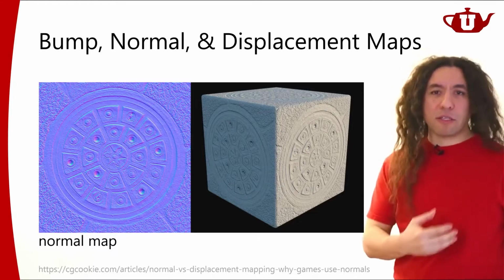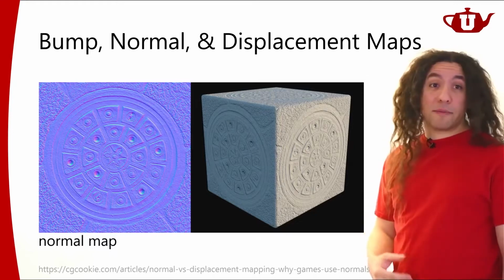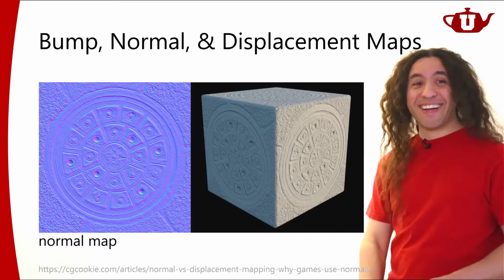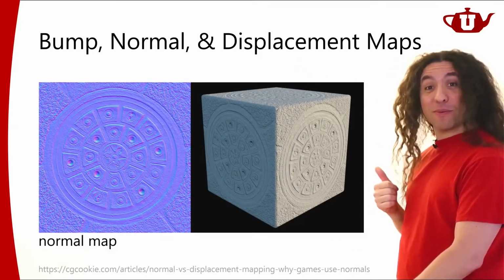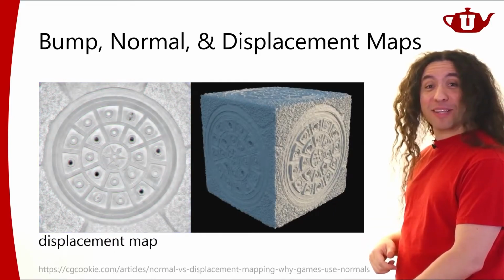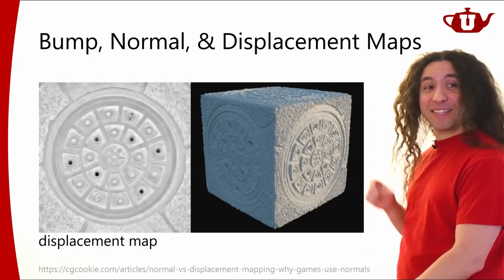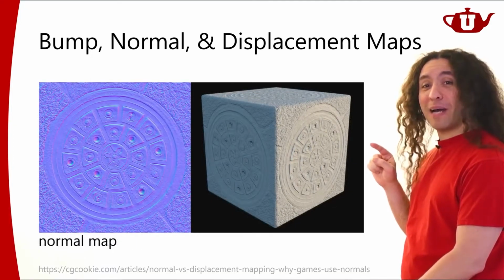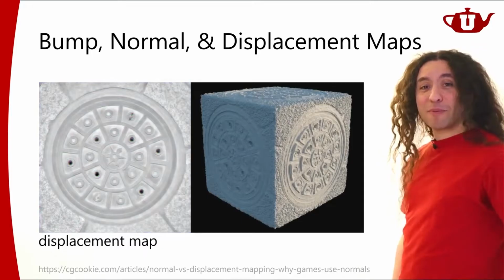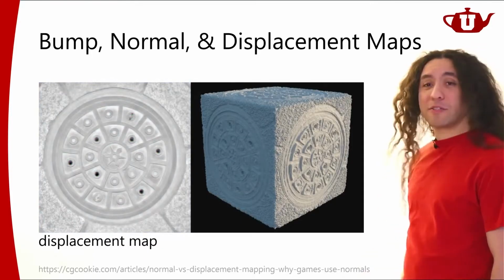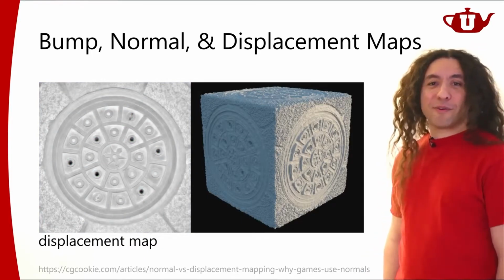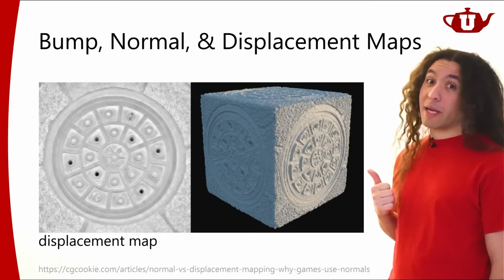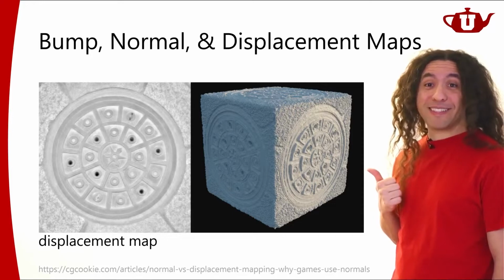But if I were to modify the surface properly, then I could just use displacement maps. Normal mapping with displacement mapping will look like this, right? With displacement mapping, I'm actually modifying the surface. So displacement maps would give me the actually modified surface. But of course, I have a lot more geometric detail here. So I will be rendering a lot more triangles to be able to get this.